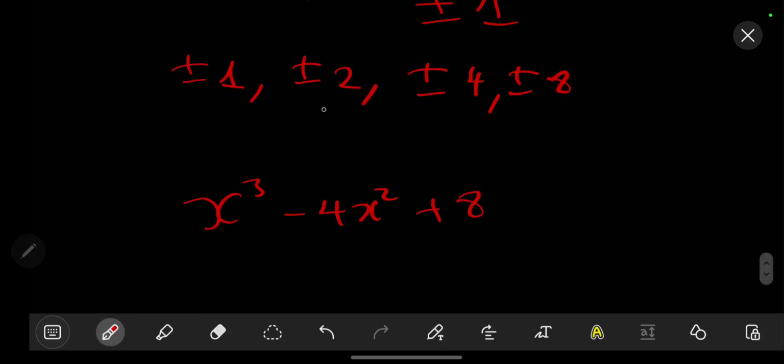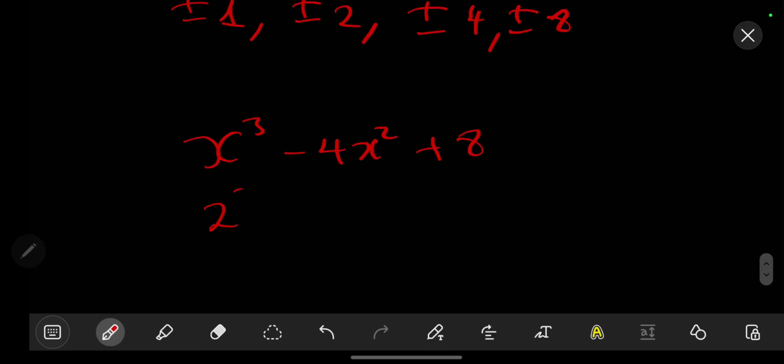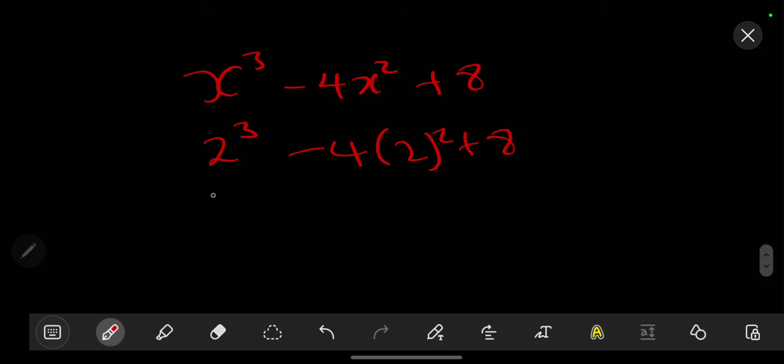Let's try 2. If we put 2 to the power 3 minus 4 times 2 squared plus 8, this gives us 2 to the power 3 is 8, minus 4 times 2 to the power 2, which is 4, then plus 8.